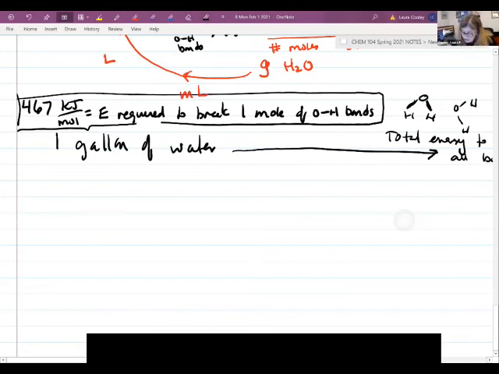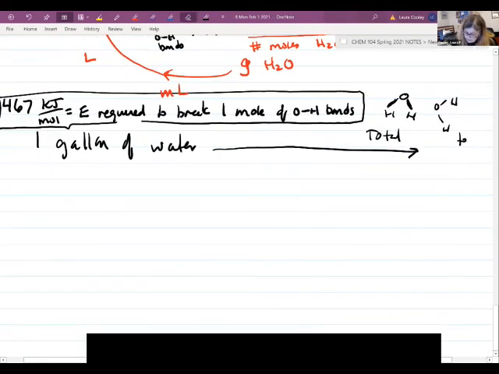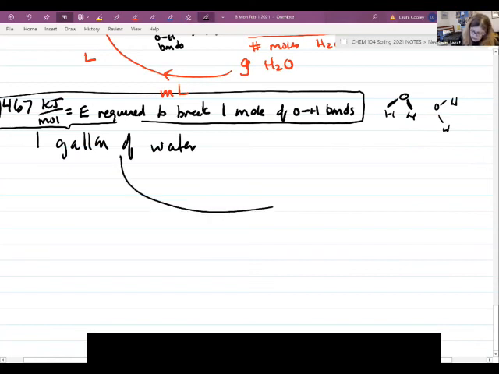We need to know the number. Let me just erase this, it's not very elucidating. We need to get to the number of OH bonds, or a number of moles, I should say, of OH bonds in this gallon.